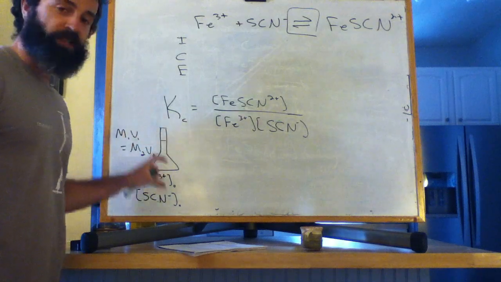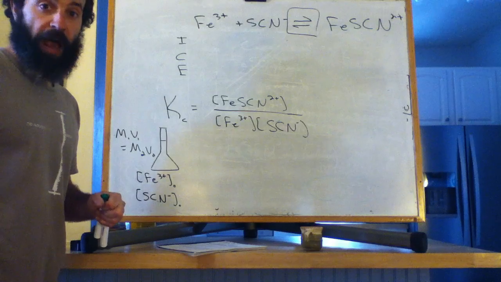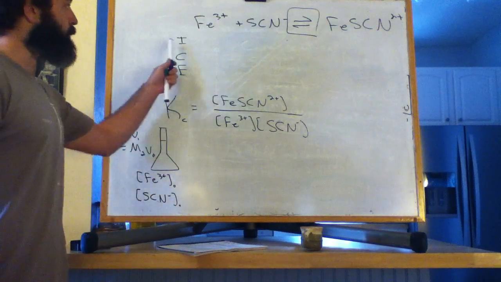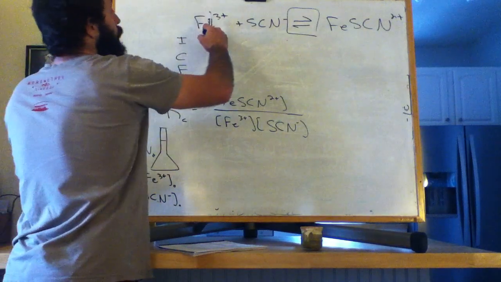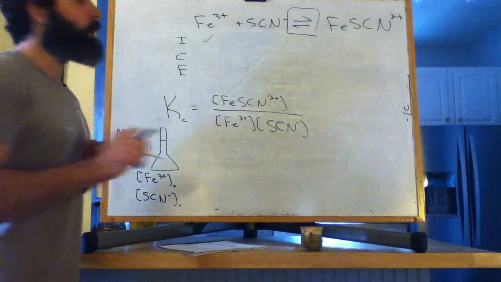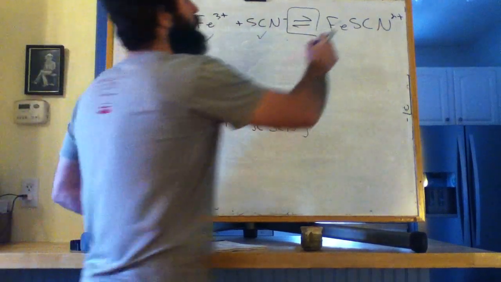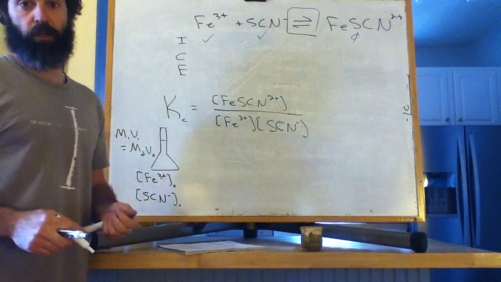So for all of our standards we make in week 2, we should know the initial concentration of iron and SCN minus. So in our ICE diagram, remember that row I is initial concentration, we will know the initial concentration of iron, we will know the initial concentration of SCN minus, and the initial concentration of our product is 0, we don't have any initially.